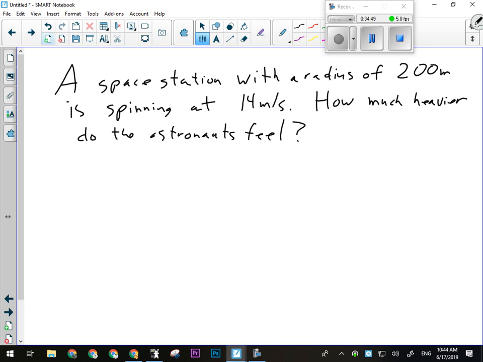Okay, so in an artificial gravity question, we said that Fc is going to equal the force of gravity. But in this case, I'm not assuming g is 9.81. In fact, g is what I'm looking for. That'll tell me how much heavier they feel. All right, so we're going to go mv squared over r equals m times g, and we're looking for g this time.